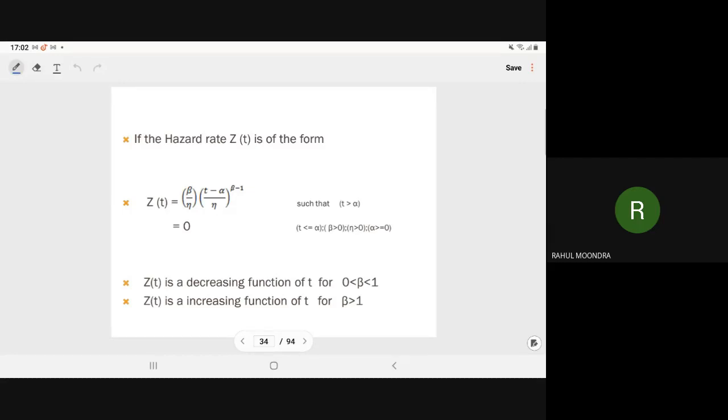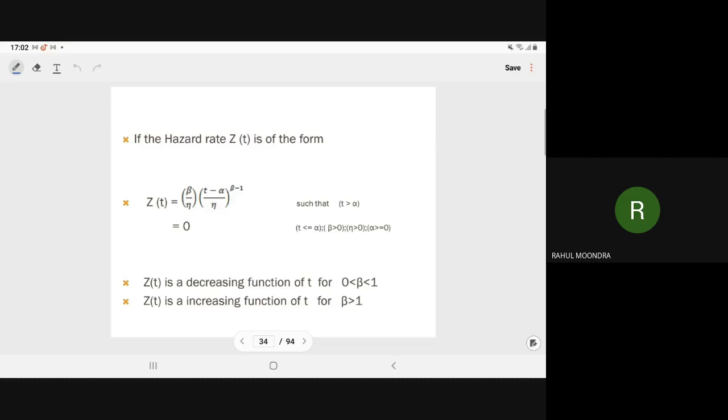So z(t) is a decreasing function of t when beta is between 0 and 1. It is an increasing function when beta is greater than 1. Later on I will discuss where we have the use of this.